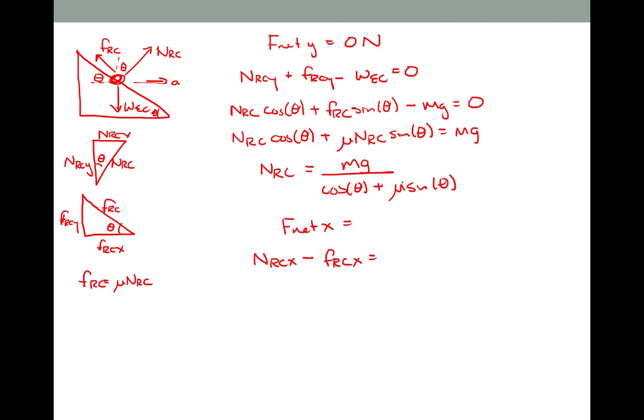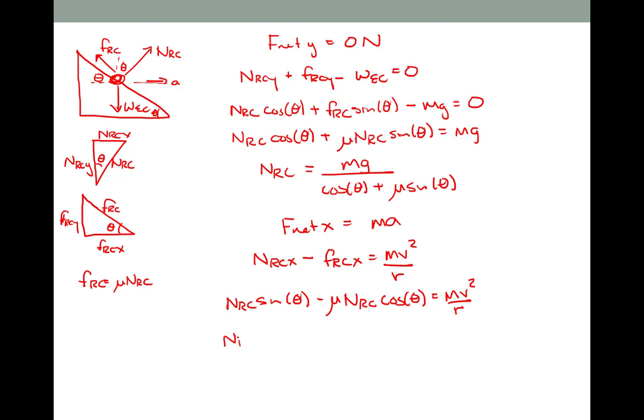Forgive me, I got overly happy with my zeros there. It's accelerating in the x direction. Otherwise, it's not going to go around this curve, right? So this is n_RC sine theta minus mu n_RC cosine theta equals mv squared over r.